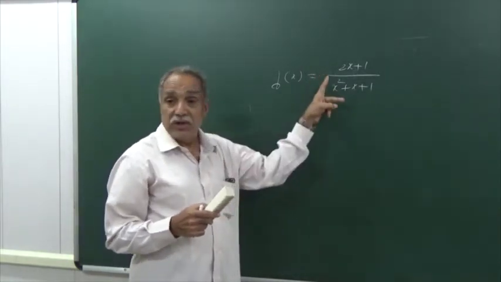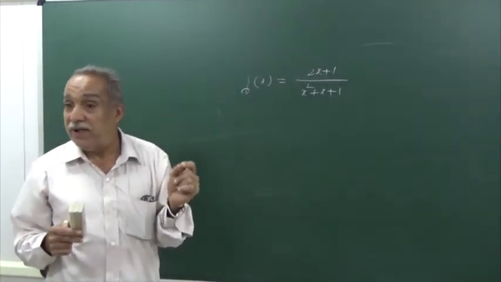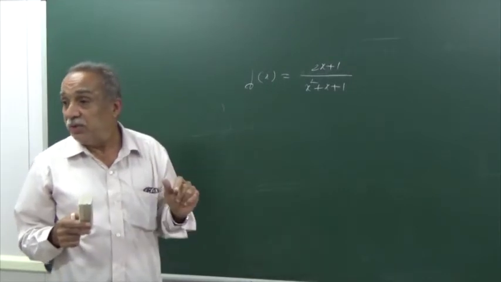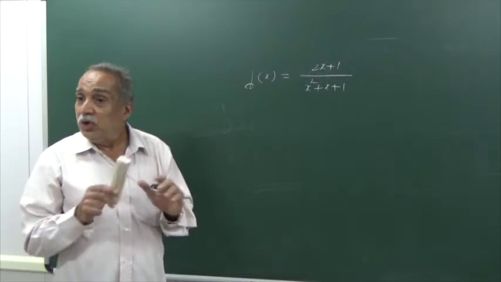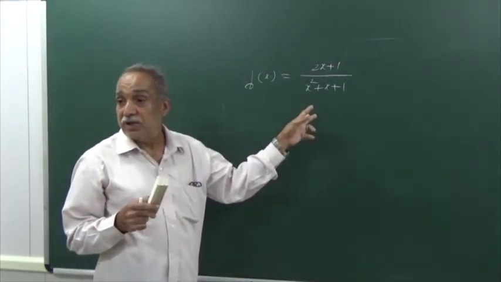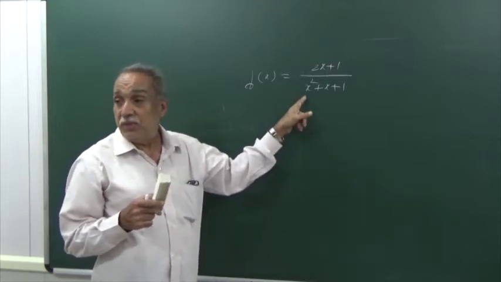You are having a rational function. The possible point where a rational function may be undefined is a point where the denominator is 0. At no other point we have any difficulty in computing the value of the expression. Difficulty arises only when denominator is 0.